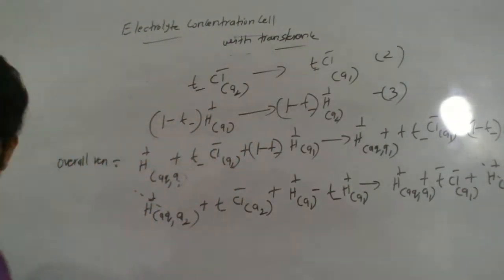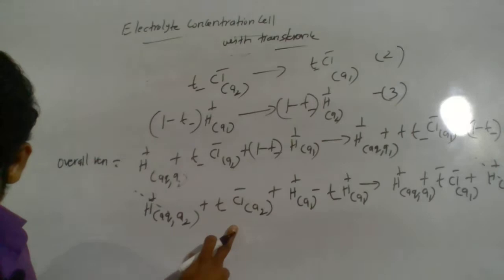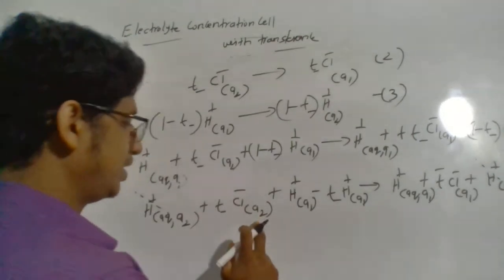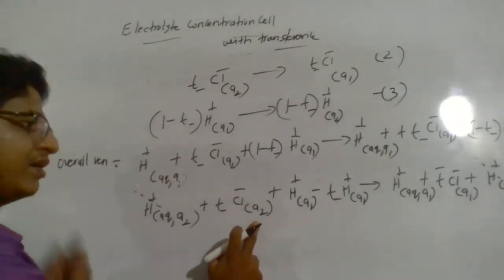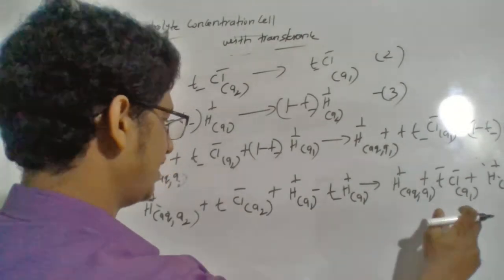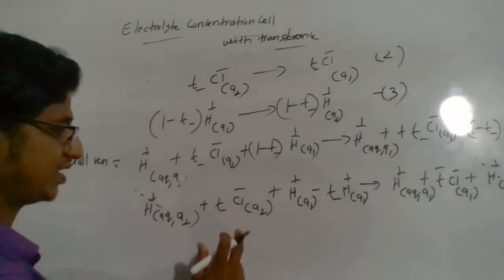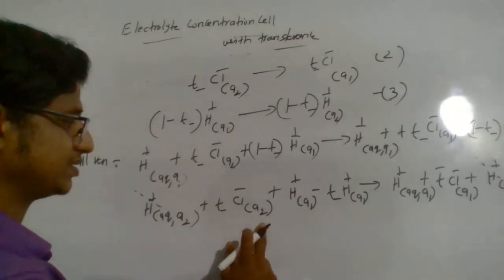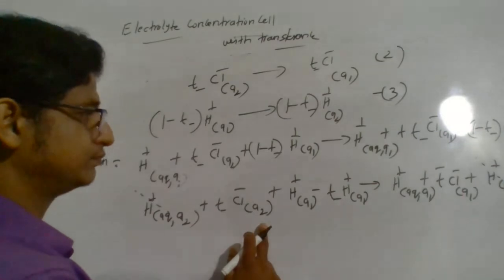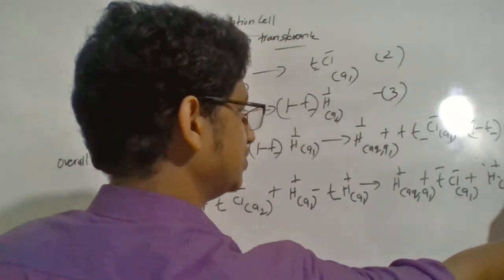Okay, so let us write what is left. Here T minus H plus A2, and here T minus Cl minus A1 is there. So let's bring A2 to the same side: T minus Cl minus A2, and T minus H plus A2 is there.